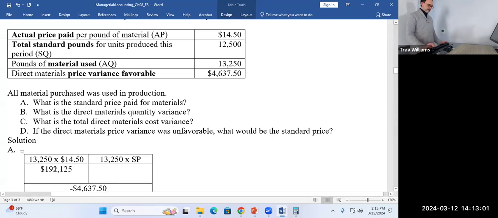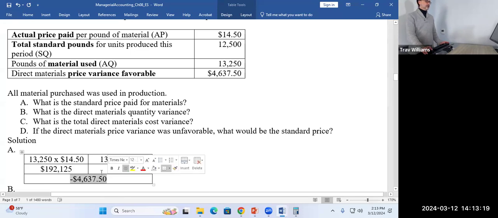All right. Now we have to think about this next part. Remember that when we use this formula, we take the left side minus the right side to get our variance. So if when we do that, we get a negative number, then is this missing number going to be higher or lower than what's on the left side?